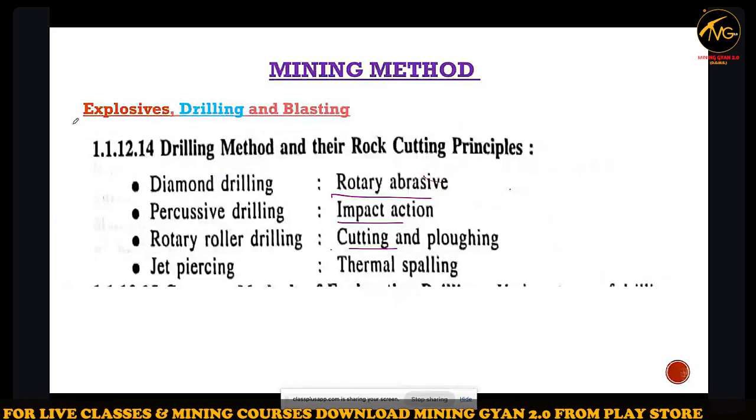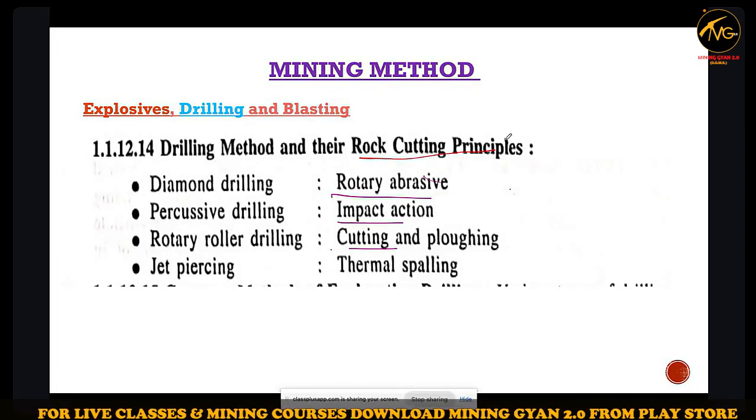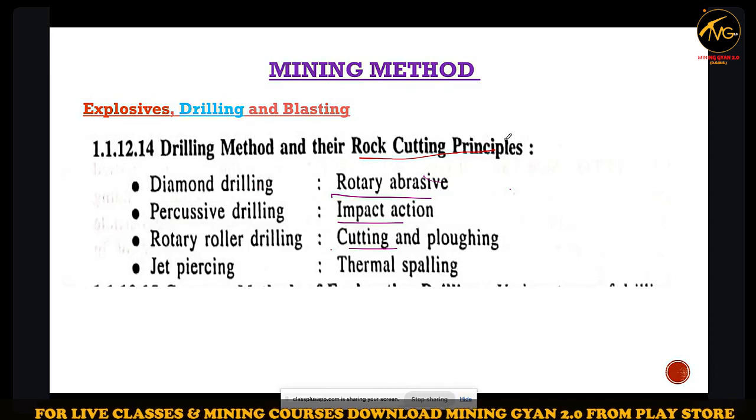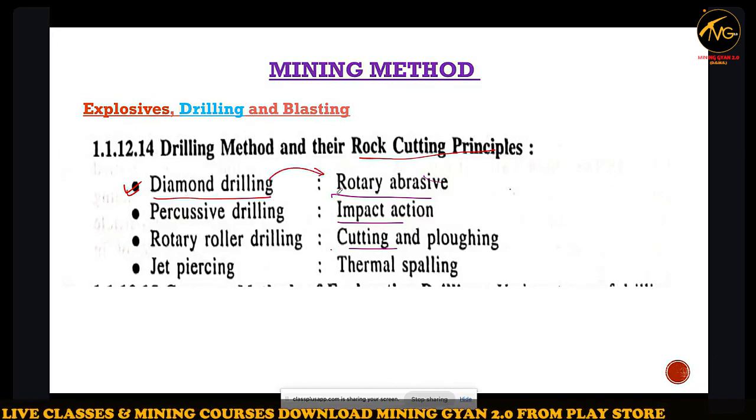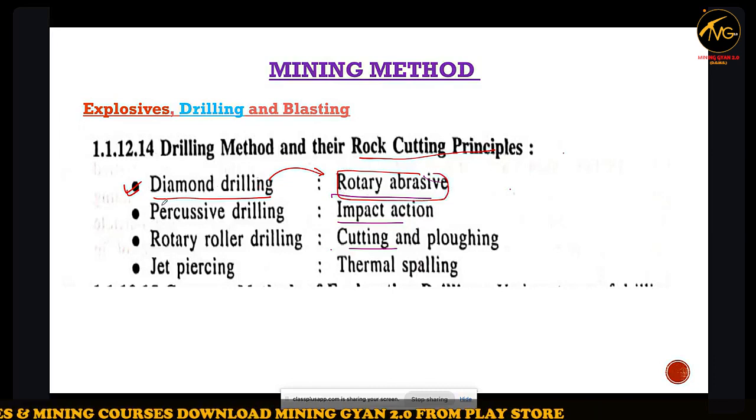Okay. So these are the drilling methods and the rock cutting principles. You should remember these things because these are the principles which may be asked in many of your exams. So diamond drilling uses rotary abrasive principle. Percussive drilling uses impact action.